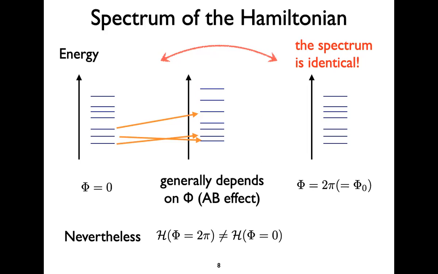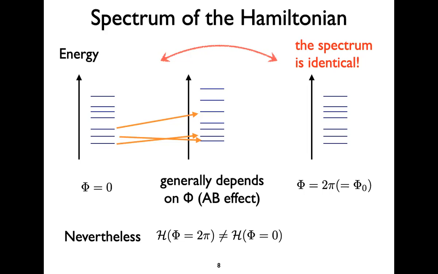This is nothing but one appearance of the Aharonov-Bohm effect. So if you change the flux, then these energy levels change, generally speaking. But if the flux reaches the flux quantum 2 pi, then, as I said, you cannot detect this phase difference, which means that the spectrum of the Hamiltonian at flux 2 pi must be identical to the spectrum of the Hamiltonian at zero flux. This corresponds to the disappearance of the Aharonov-Bohm effect at this particular flux.